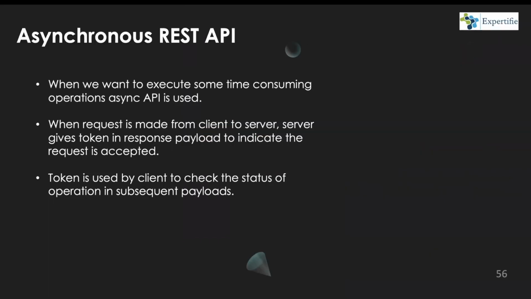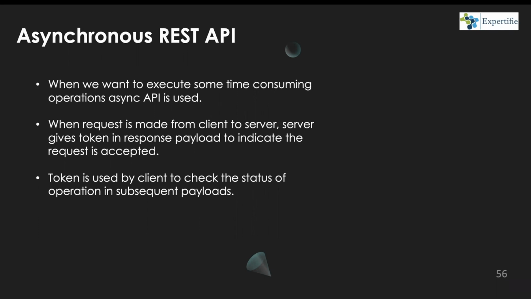But what happens when we try to upload quite a big file, in terms of GBs, like 100 GB or 10 GB? Obviously, this synchronous way would not be possible. So when we want to execute any time-consuming operation, we should always do it in an asynchronous way.